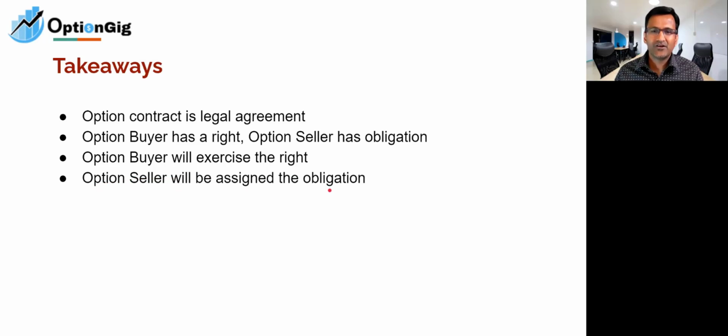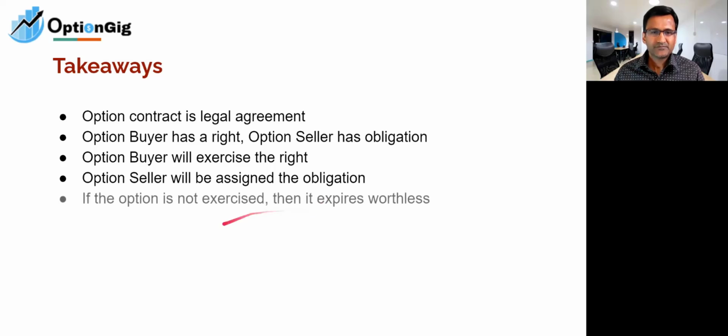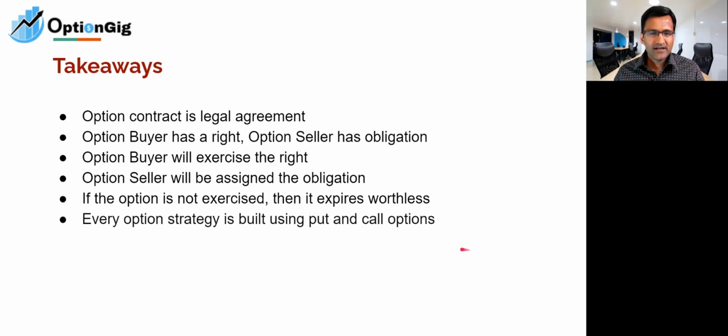They will be assigned the contract and they have to do their part, what they've agreed upon. If it is not exercised, it expires worthless. Every option strategy, however complex it might sound, however fancy names it might have, is built upon puts and calls.